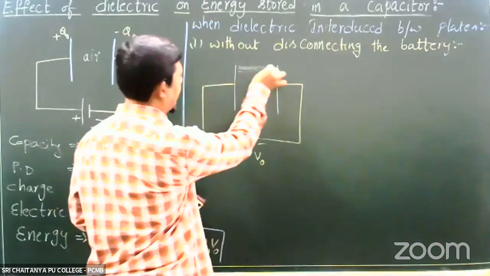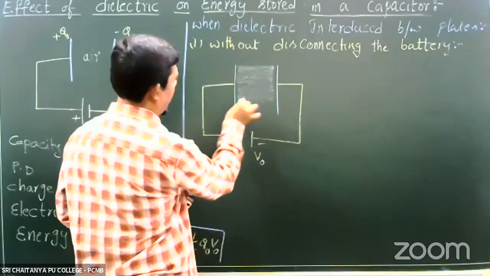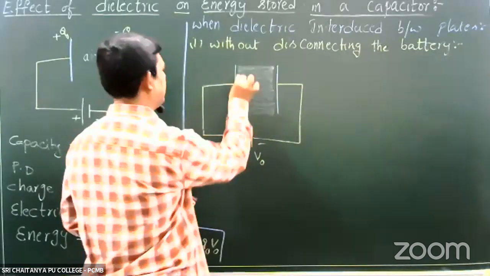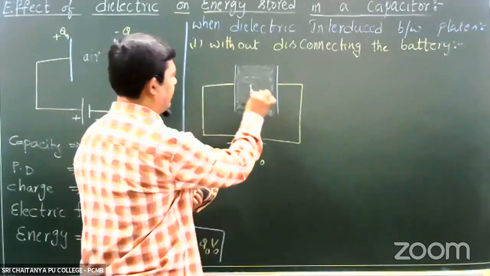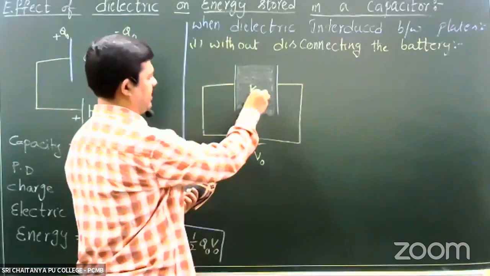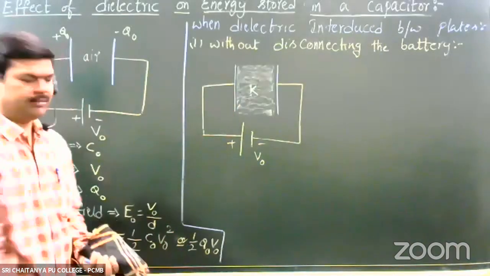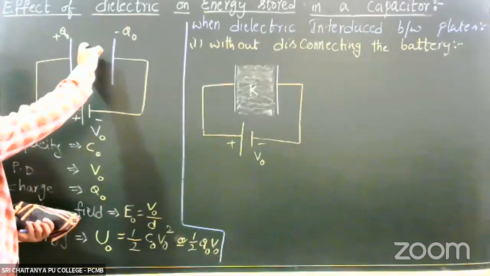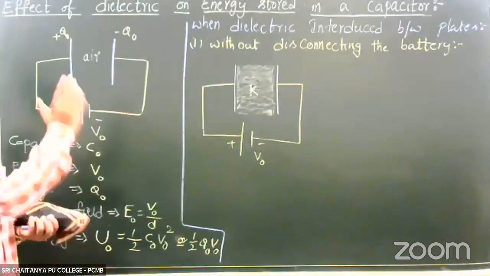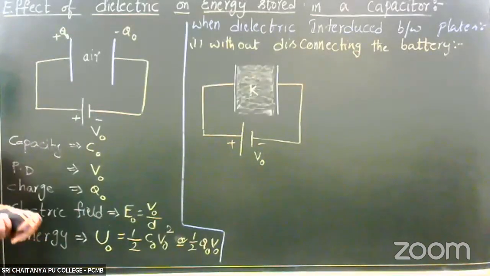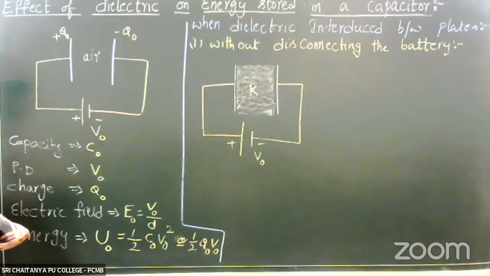Introducing a dielectric between the plates, of dielectric constant K. This is introduced keeping the battery in connection. Nothing is disturbed, only one dielectric material is introduced. Then what happens to capacity, potential difference, charge and energy? Let us see.